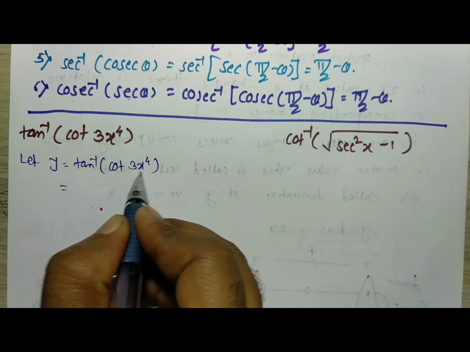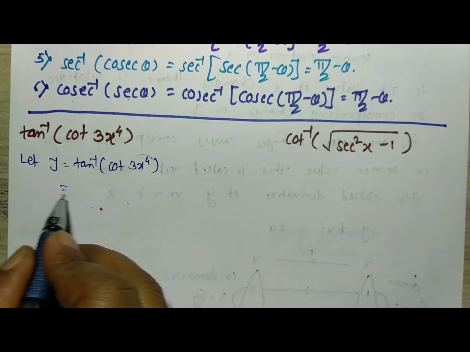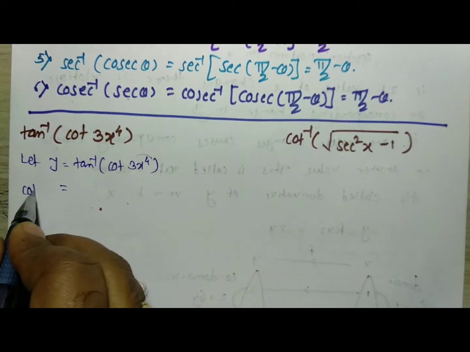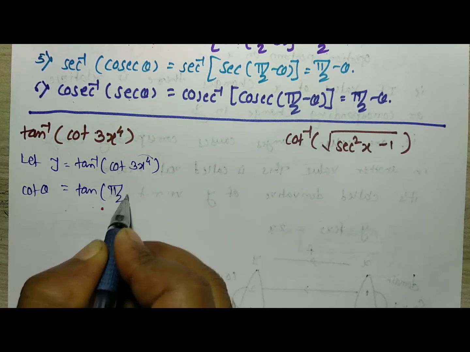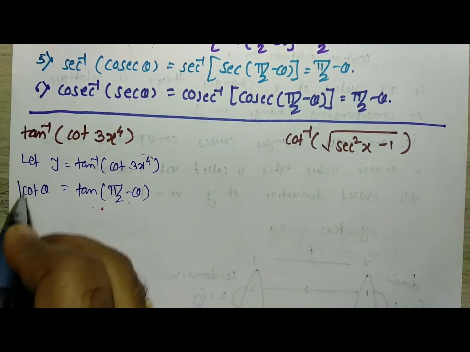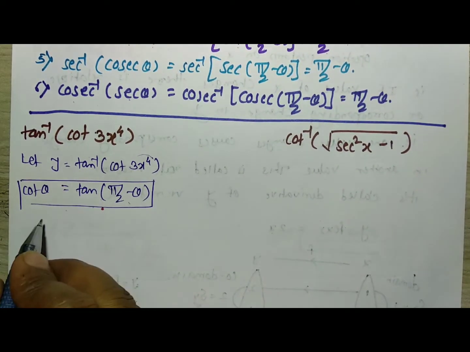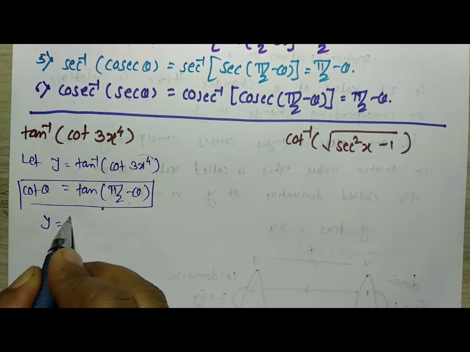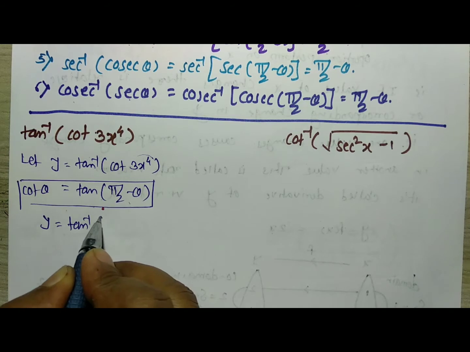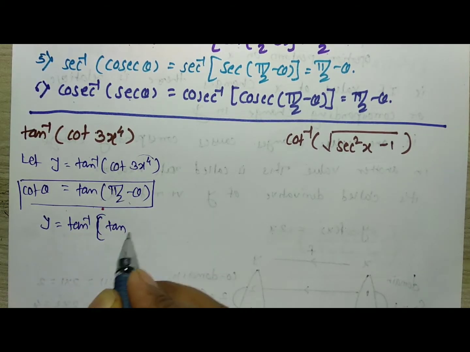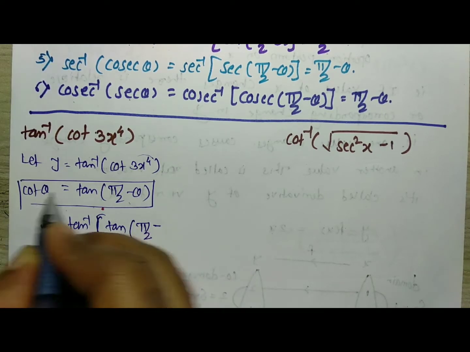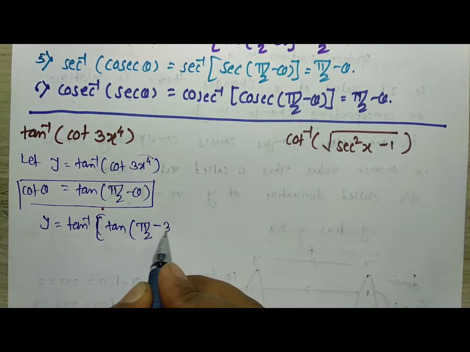By considering this as theta, we know that cot theta is equal to tan pi by 2 minus theta, and by using that formula we get y is equal to tan inverse inside the bracket, cot theta replaced as tan pi by 2 minus 3x raised to 4.